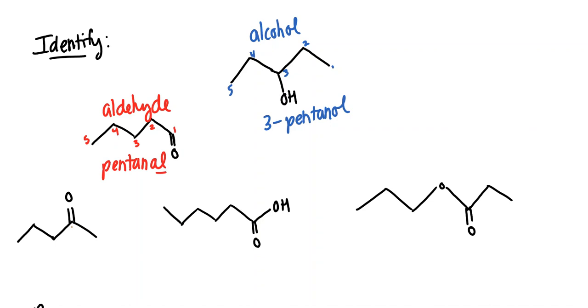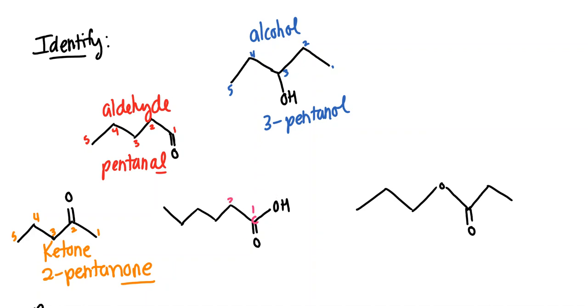This one has the carbonyl group, the C double bond O, but it's not on an end, so this is a ketone. And on these we do say the number. We say 2-pentanone. Here's our new one. Has a carboxyl group on the end, so this is carbon 1. Be careful not to number this oxygen as like a carbon.